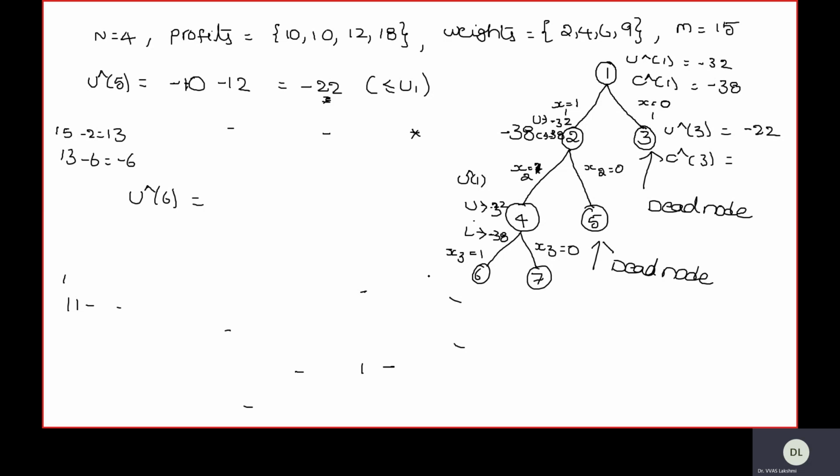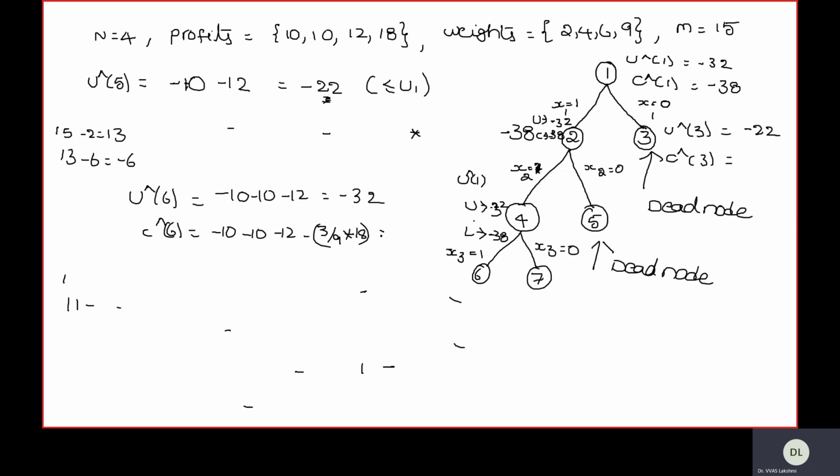Check the path. Here, first, second, third. These three items should be included. So that's why the upper bound value is minus 32. And the lower bound value is the same: minus 10, minus 10, minus 12, minus 3 by 9 into 18.